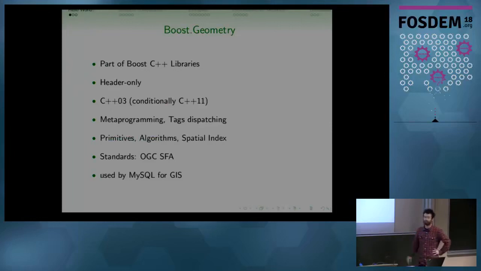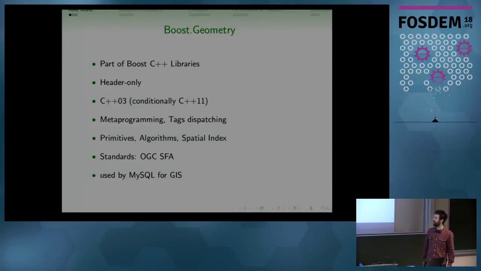Okay, so Boost Geometry is a part of the Boost C++ libraries. It's header only. It's C++03 and conditionally C++11. So it heavily uses metaprogramming, templates and tag dispatching. It actually contains primitives like geometries, algorithms and spatial indexes, R-tree.